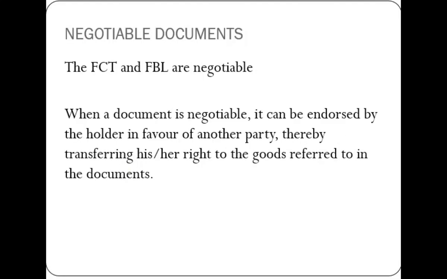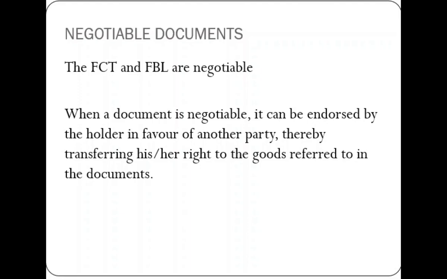Now, negotiable documents. There are two documents that are negotiable. They are FCT, FIATA Certificate of Transport, and FBL, Negotiable FIATA Multimodal Transport Bill of Lading. These are the two negotiable documents.